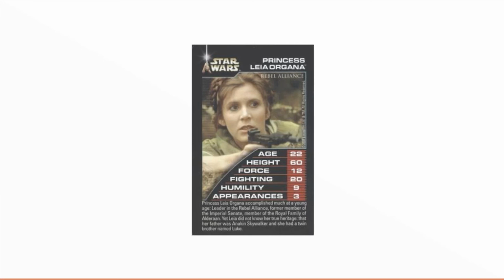So the content type is Star Wars character. We know there are lots of different ones of those, but for the game of Top Trumps, we don't need to know everything about them. We just need their age, height, force, fighting, humility, and appearances. So Princess Leia is an entry or an instance of the content type of Star Wars character, and then she's got those attributes, as do all the other characters.